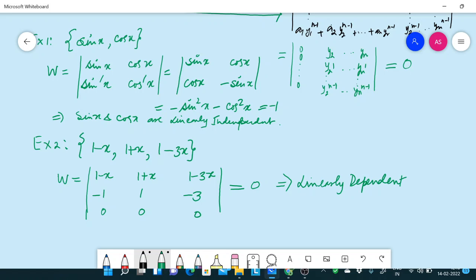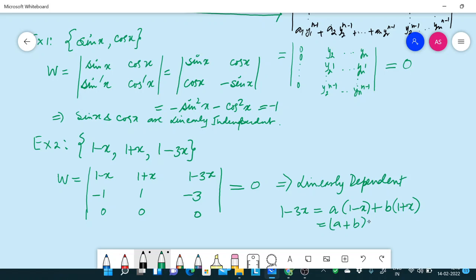And linear dependence means we can always express one function in terms of the other functions. So by observation, it looks like 1 minus 3x can be written as some multiple of 1 minus x plus some multiple of 1 plus x. Let us calculate what it is.